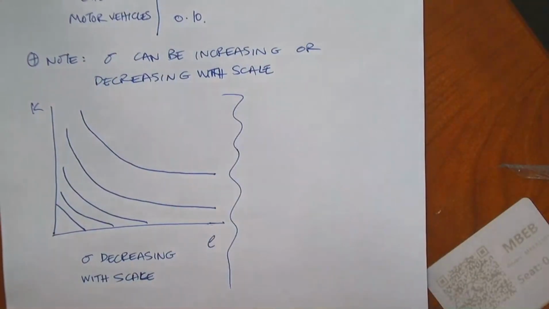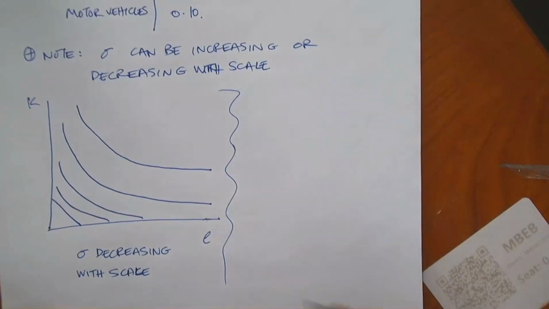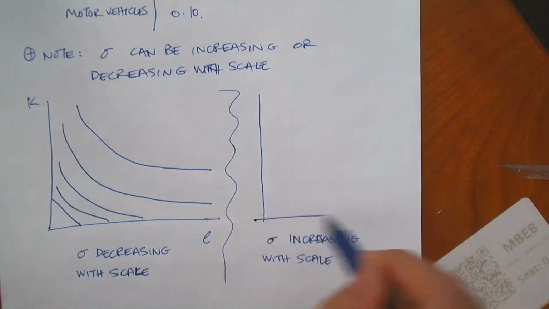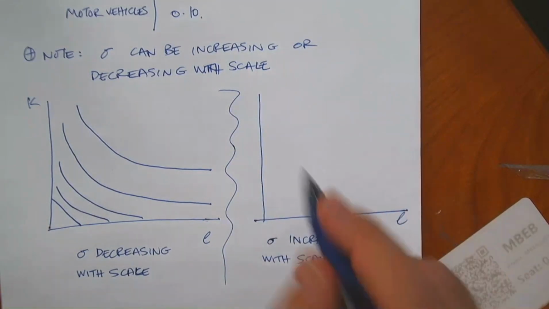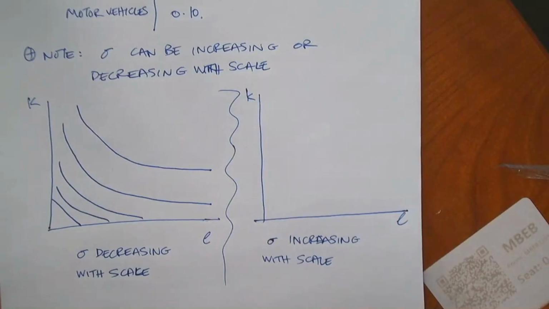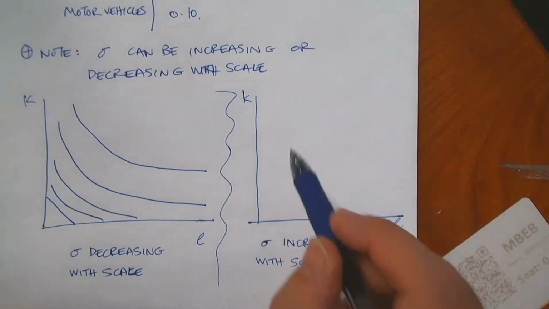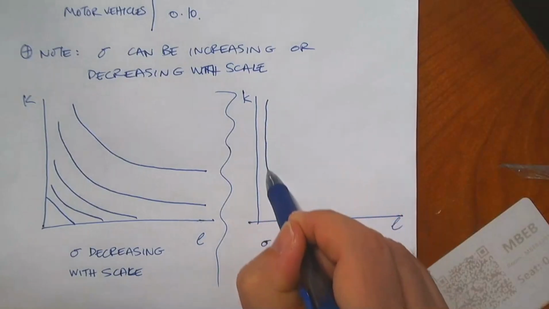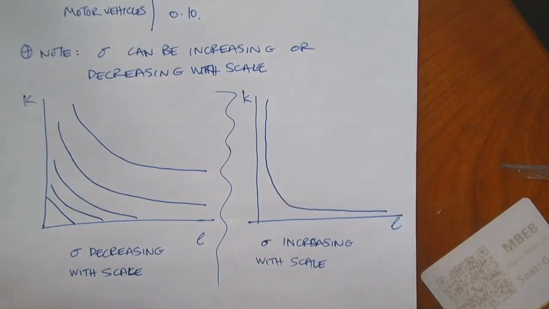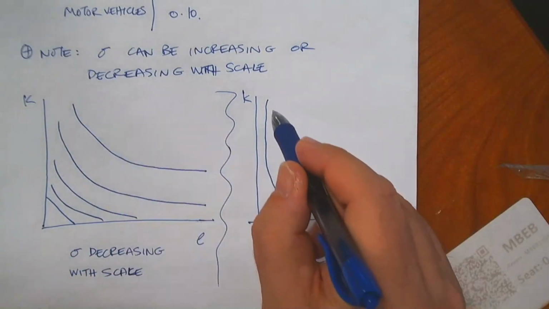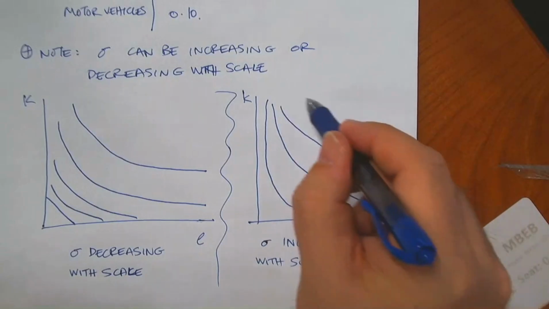And then we have the alternative situation where sigma could be increasing with scale. To measure this, you obviously have data on firms, and so you can do that analysis. So let's see, you could have something that looks like this, and then progressively it could become flatter.